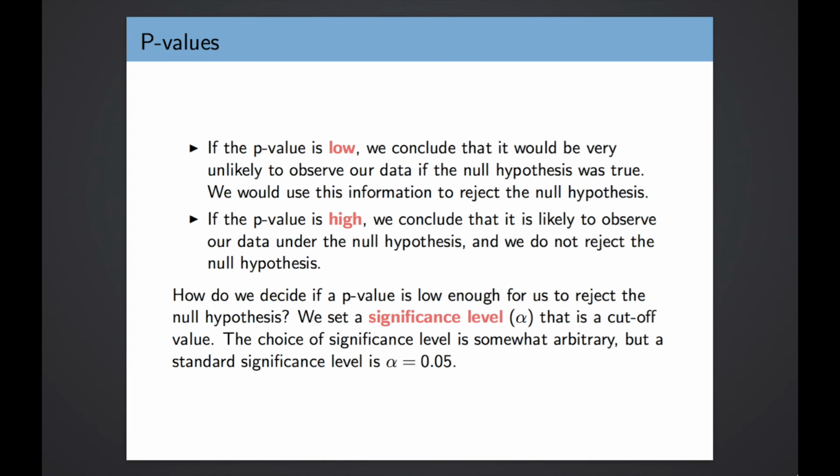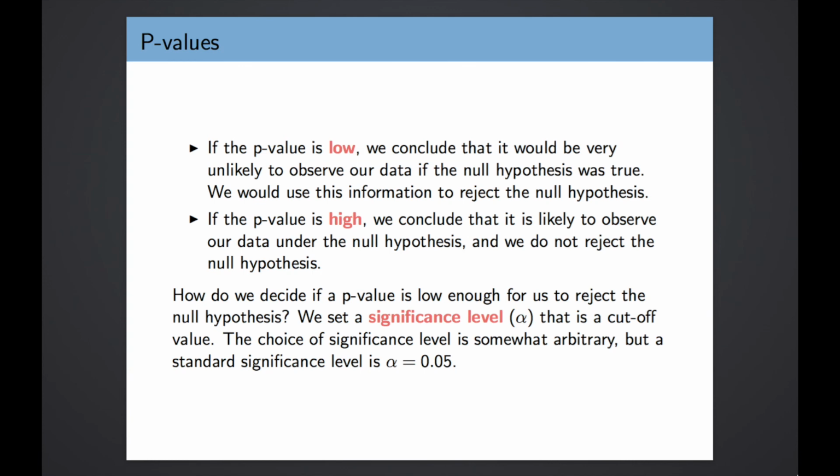So how do we decide if a p-value is low or if it's high? Well, what we do is we set a significance level. A notation for the significance level is this letter alpha. And the significance level is a cutoff value. Probabilities below the significance cutoff are low, and we use those to conclude that we should reject the null hypothesis, and probabilities above that cutoff are high, and we conclude that we shouldn't reject the null hypothesis.